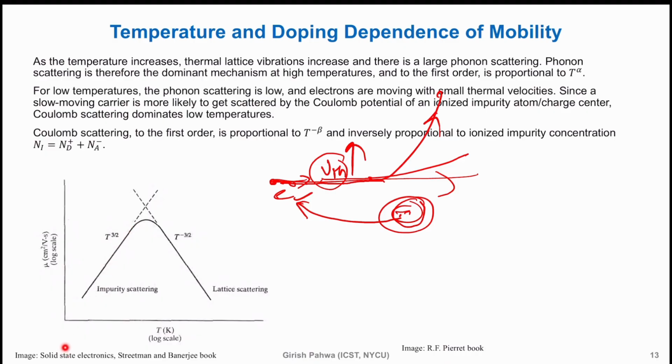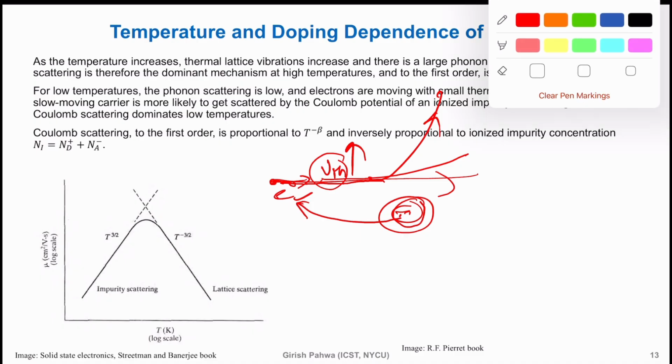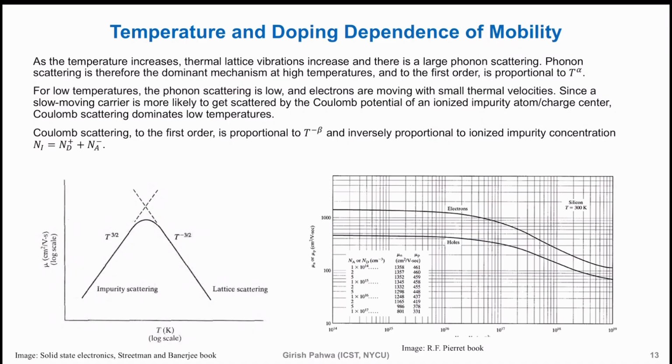Okay. If I show you some numbers, they are like this. So if you plot the mobility, here they have given the mobility of holes and electrons. The upper curve is for the electrons, the lower curve is for the holes, and this is for silicon at 300 Kelvin. It's the variation of the hole or electron mobility as a function of the doping.